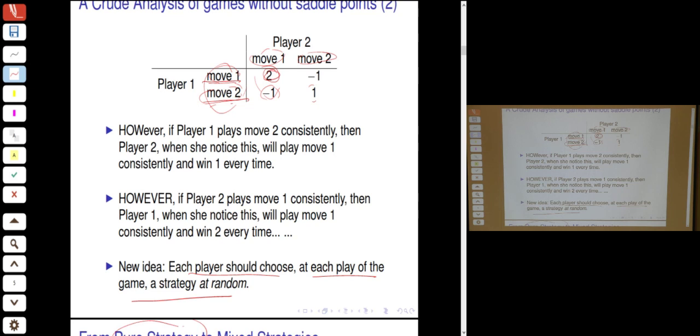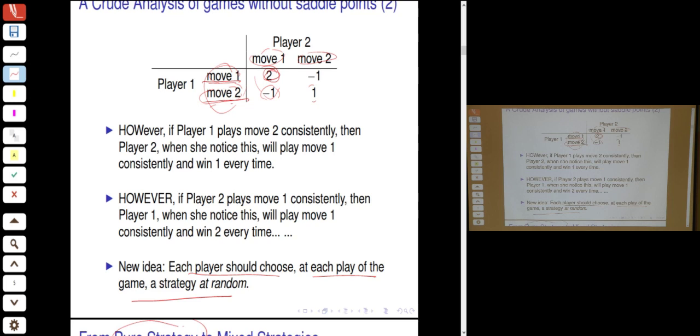In the setting of mixed strategies, at any trial of the game, you pick move 1 with probability p and you pick move 2 with probability 1 minus p. So, you bring a coin with bias p, you toss that coin, if it falls heads, which happens with probability p, you choose move 1, if it falls tails, you choose move 2.